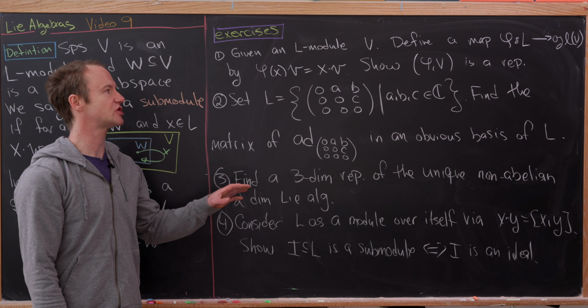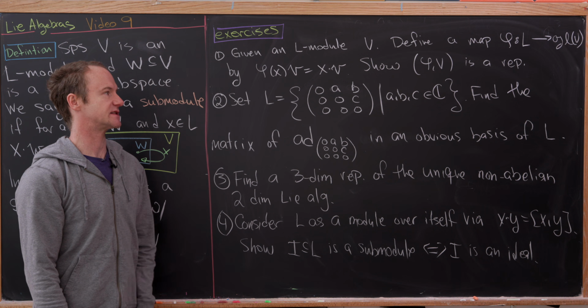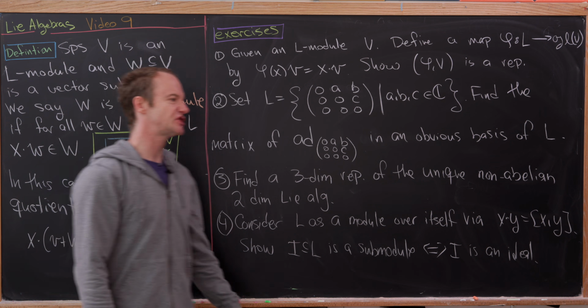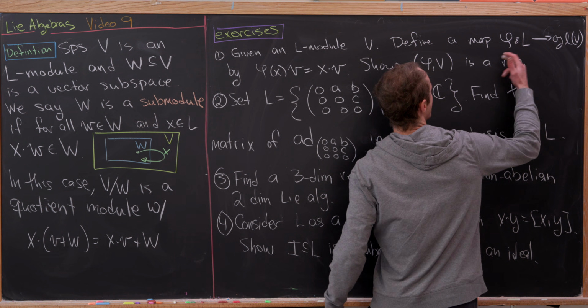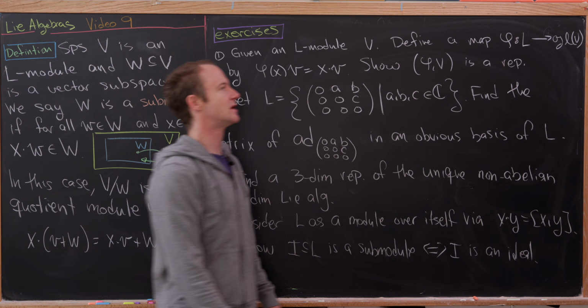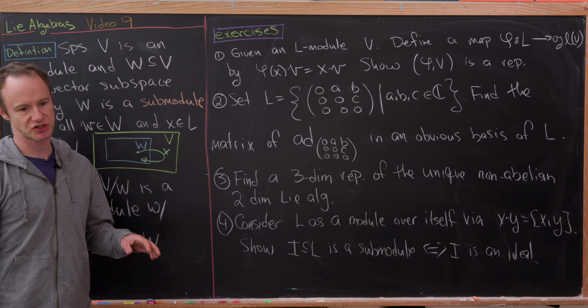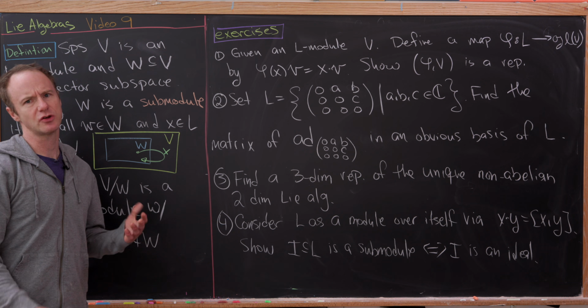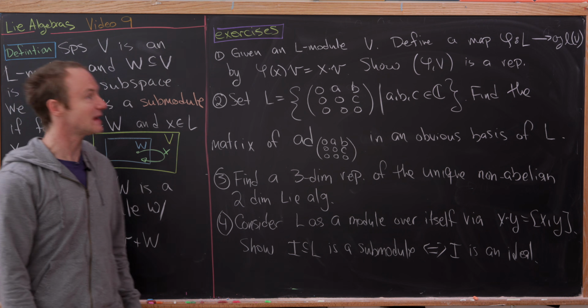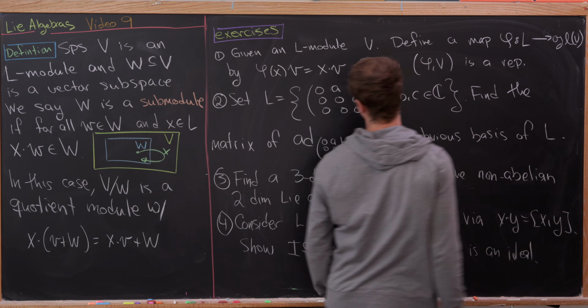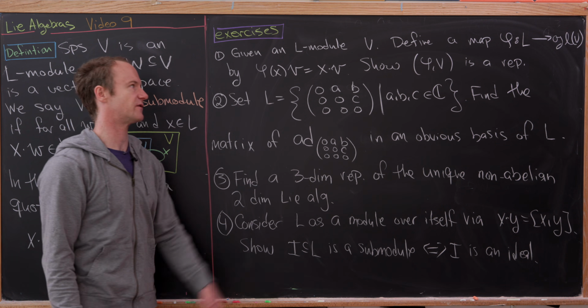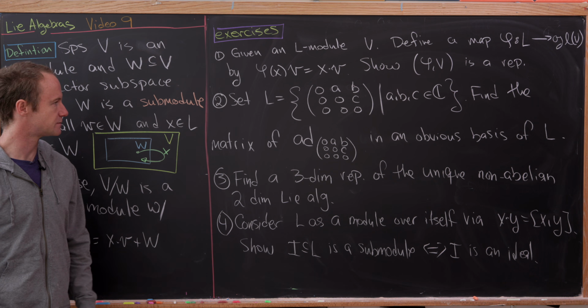And then show that phi is a representation. Now, I've cheated a little bit here because we don't know immediately that this map produces a linear transformation on V. But you'll check that and you'll see that pretty quickly, meaning that GL(V) really is the codomain if you define phi as follows.